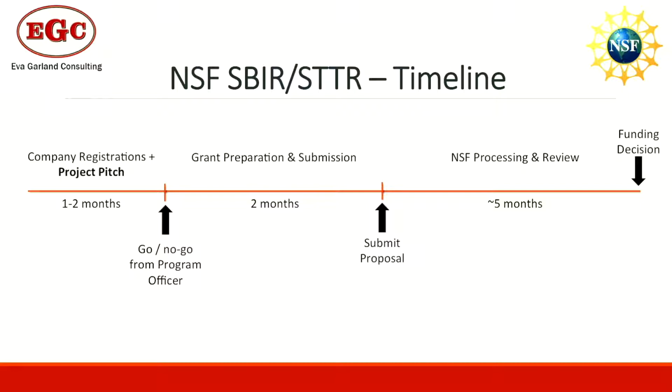Then let's say 2 months of preparation for the full proposal. You submit the proposal. Now, as you can see, we had this as 5 months of processing and review until the funding decision. Now, this used to be until last year. It would take them around 5 months to come back with that decision.